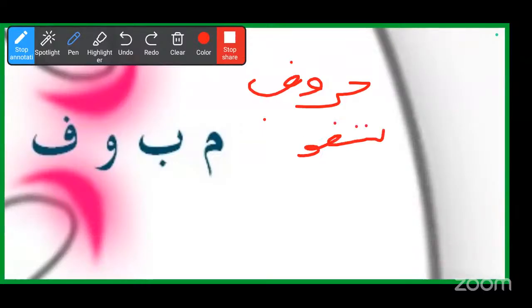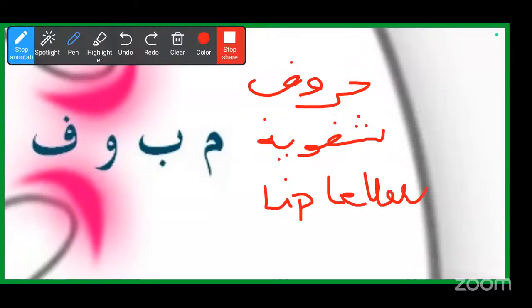So whenever the impact is on the lips, the letter is called huruf shafawiyah. These 4 letters. Shafawi means lip, so these are called lip letters. M, mi, mu, ba, bi, bu, wa, wi, wu, fa.